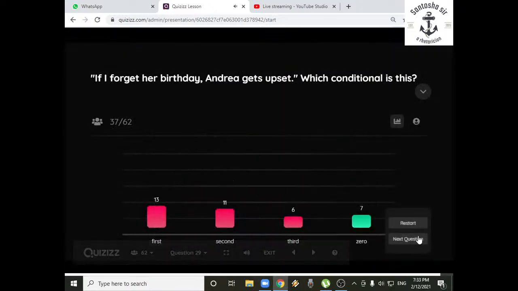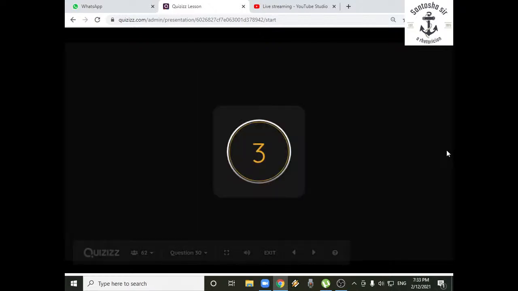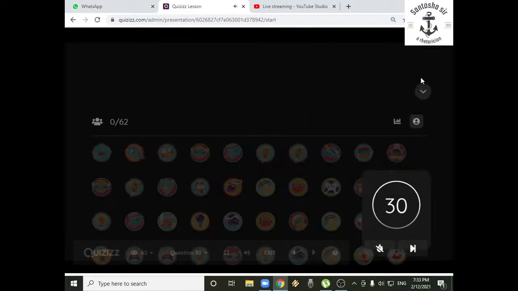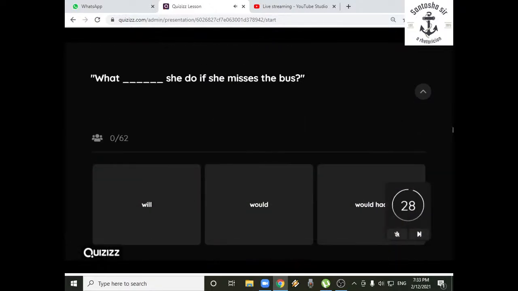No change in the leaderboard score. 7 members were able to answer the right answer. Okay, so let's move on to the last question of the day. Last question for this conditionals and last question of this quiz.